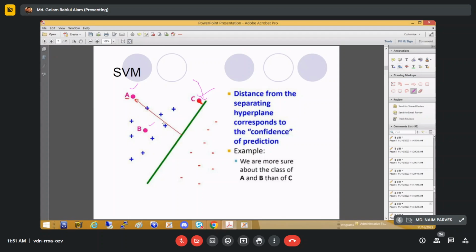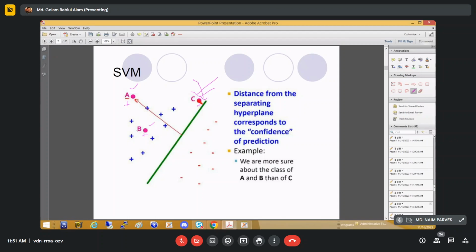And for A, it is very far from our line. All three of these test objects are on one side, the positive side. A is positive, B is positive, and C is positive.